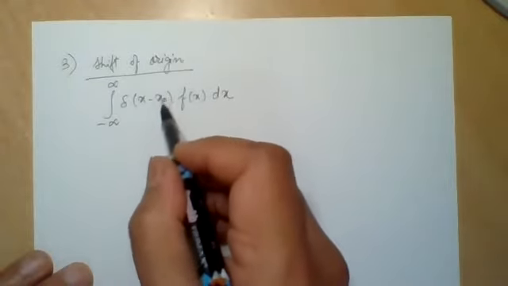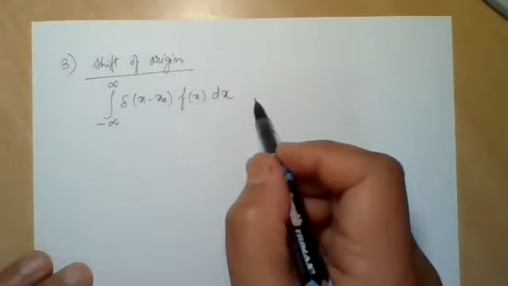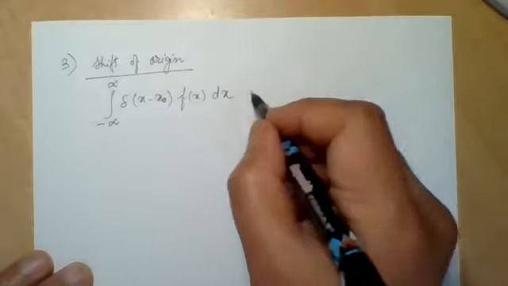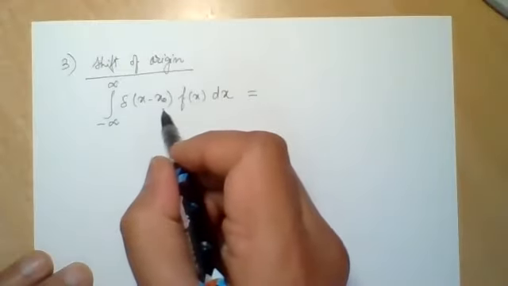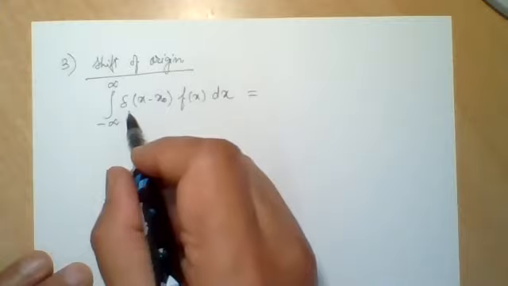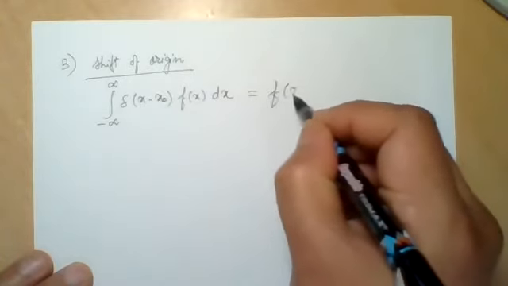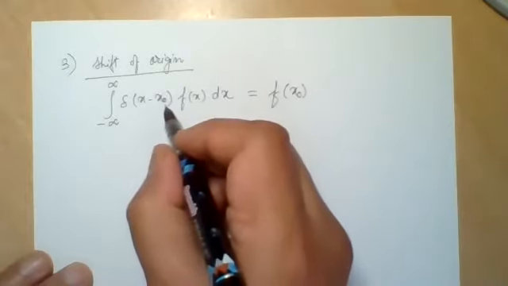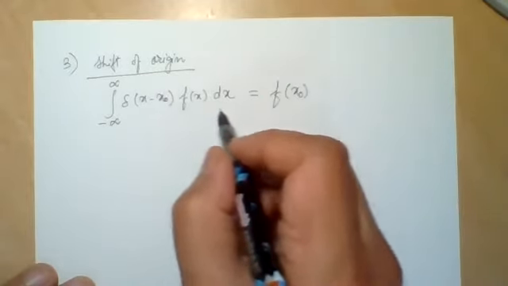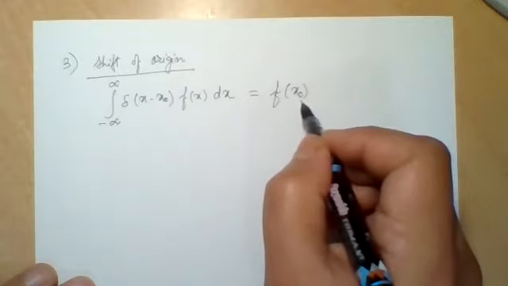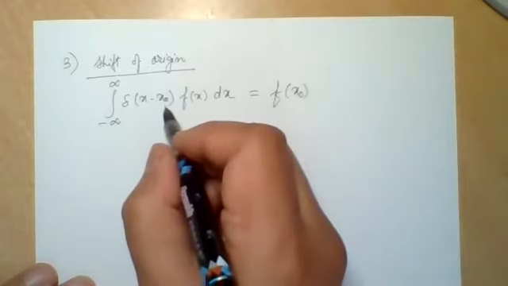If there were no x0, this is simply f of 0. But if here we have delta x minus x0, f of x dx, then this should be f of x0. We have shifted the origin by an amount x0.